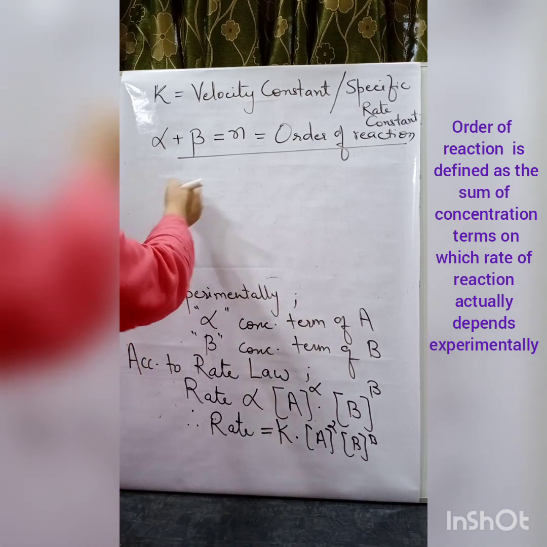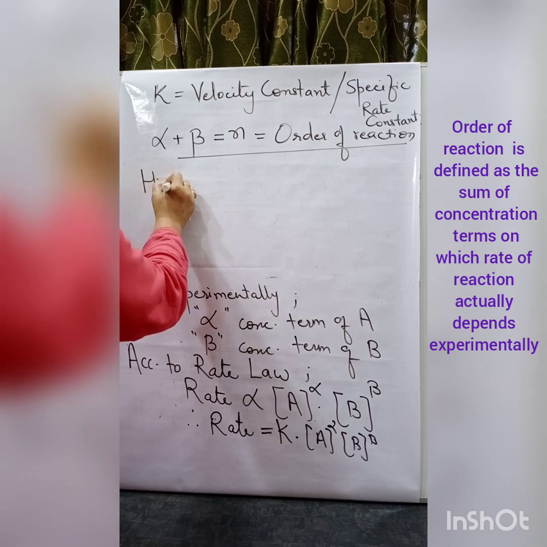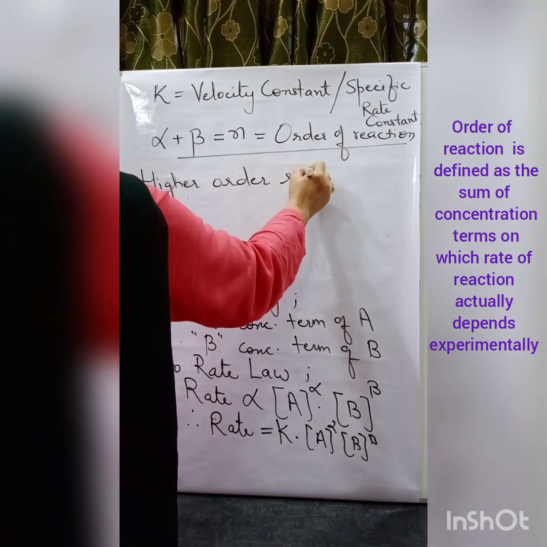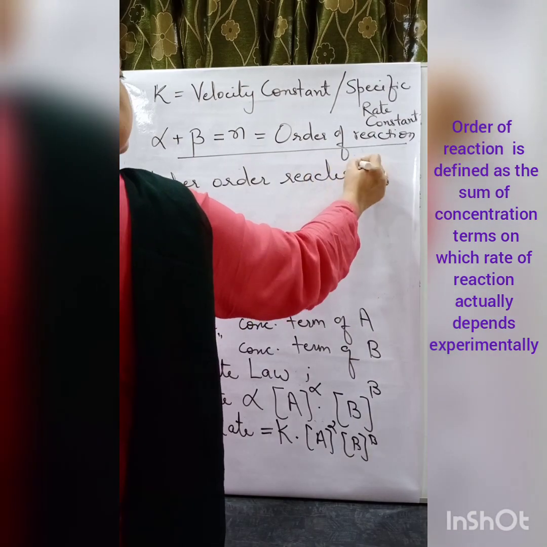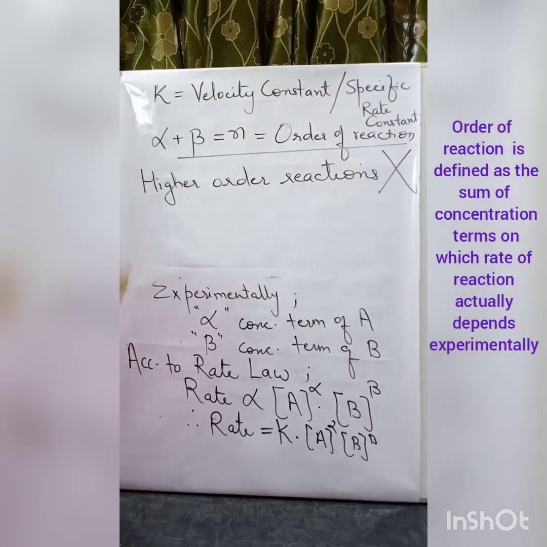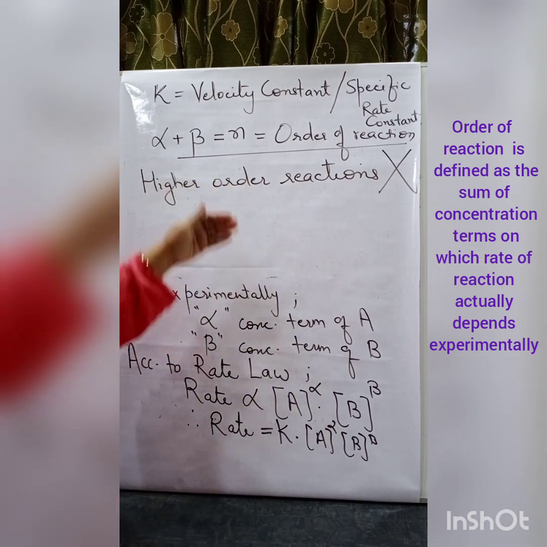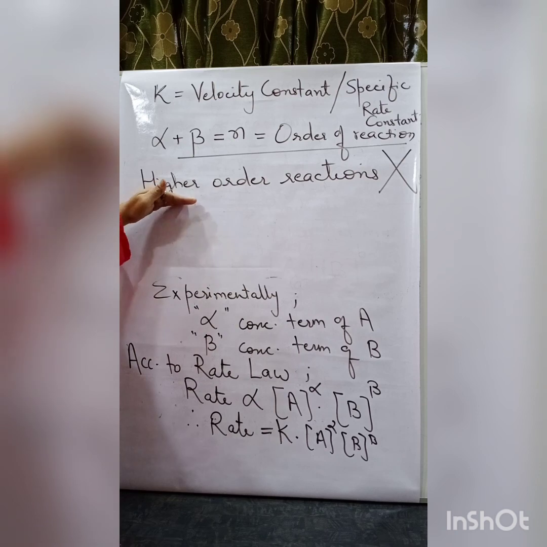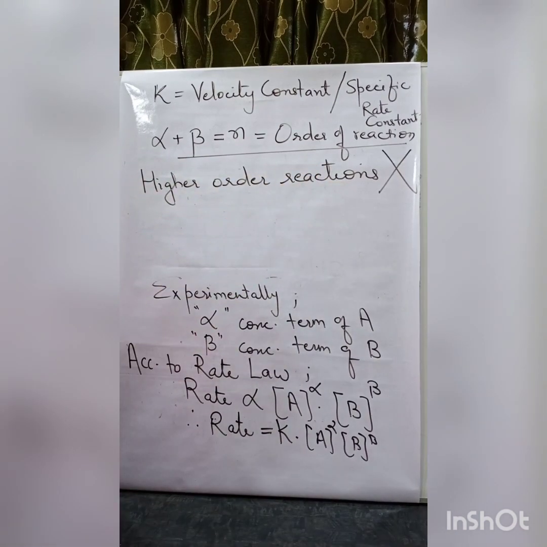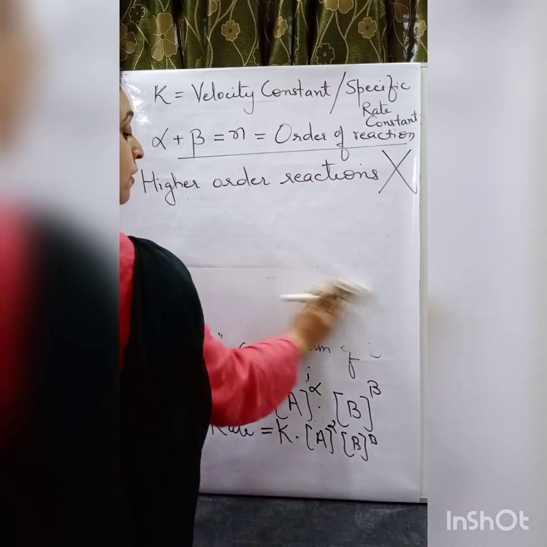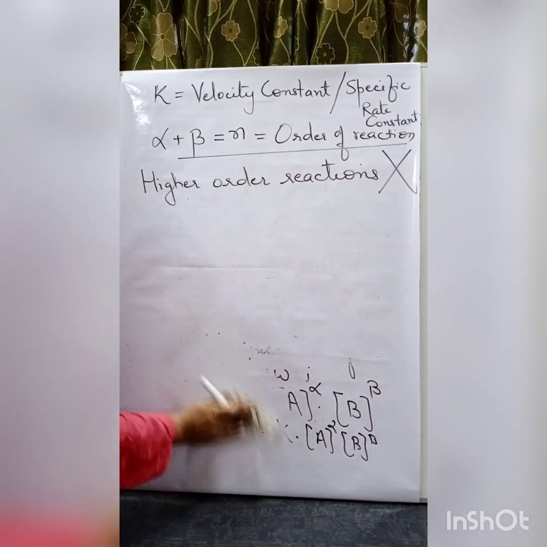Now in chemistry, it is noticed that higher order reactions are practically impossible. They don't occur. What is the reason? Many times this has been asked. Why are higher order reactions practically impossible in chemistry? How do we explain this? For explaining this, first of all, we have to go into detail of how the reaction takes place.